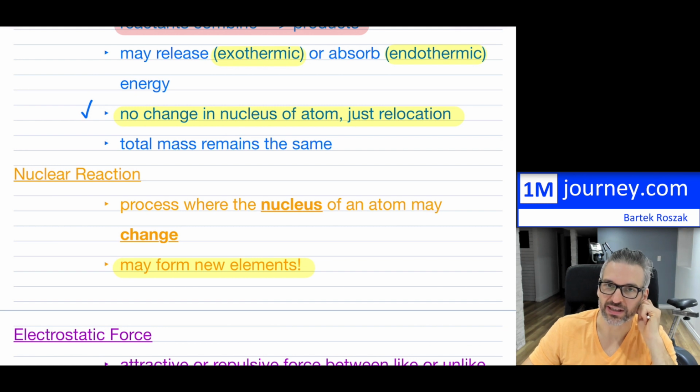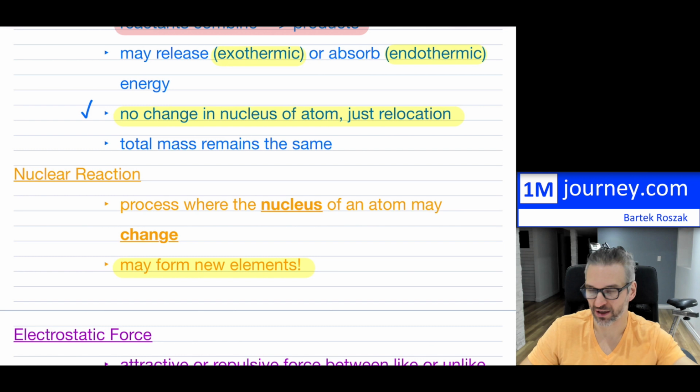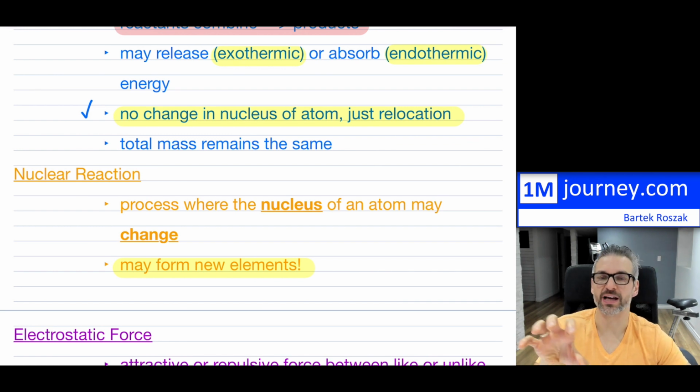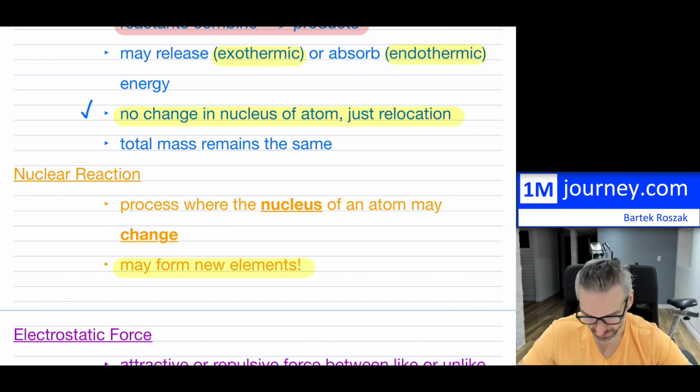We don't necessarily have that in chemical reactions, right? We don't have new elements there. So that is nuclear reactions. It's the nucleus that we're talking about and not the actual bonds between the various elements themselves in a chemical reaction.